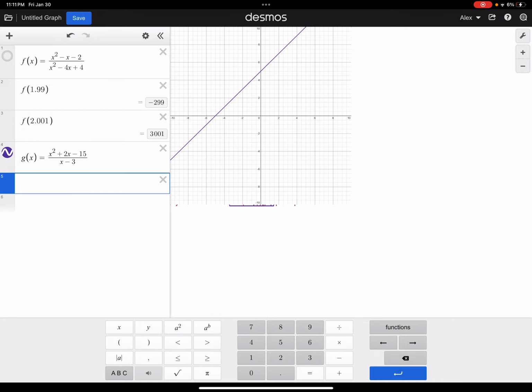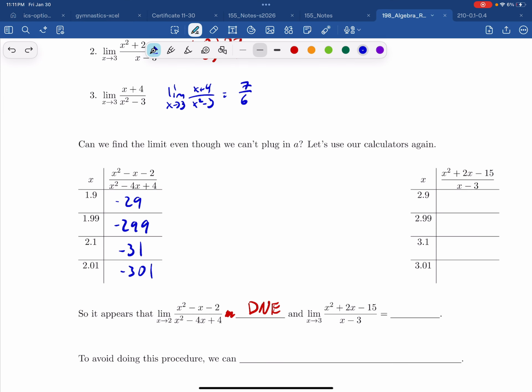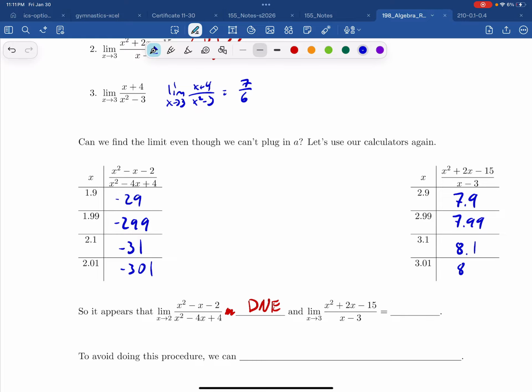Now let's see what happens if we plug in numbers close to 3. So we'll say g of 2.9. Okay, looks like that's getting close to 8. G of 3.01. Okay, well, looks like we have a different answer going on over here. Right here it looks like we're getting 7.9, 7.99. Here it looks like we're getting 8.1, 8.01. So here it looks like the answer is 8.